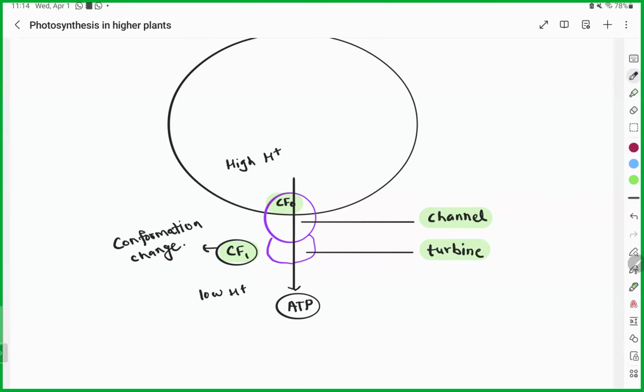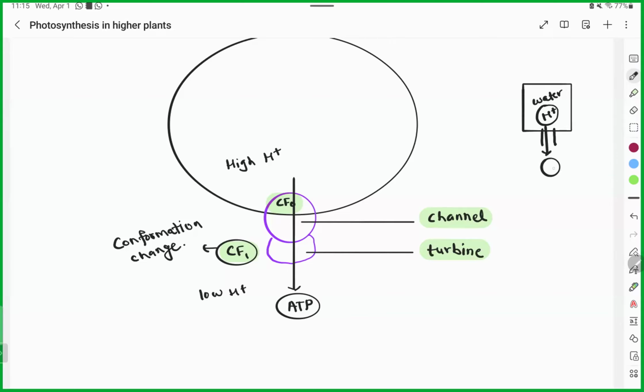Example, you have a dam. The dam has a lot of water, a lot of water compared with the H positive ions. When you open the gate of the dam, water will come out, the same way H positive will come out of this. Then this water from the dam will hit the turbine, correct?